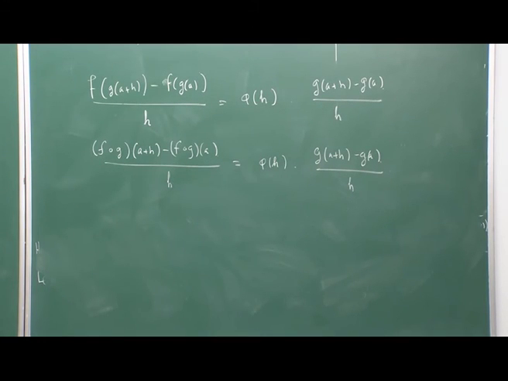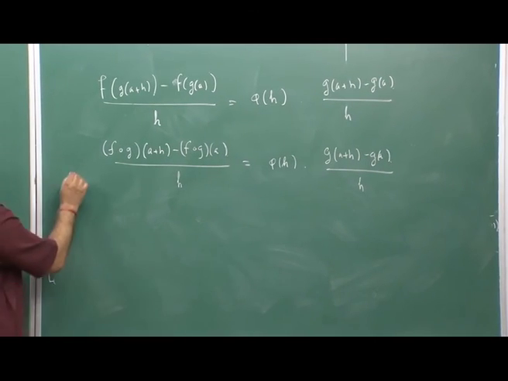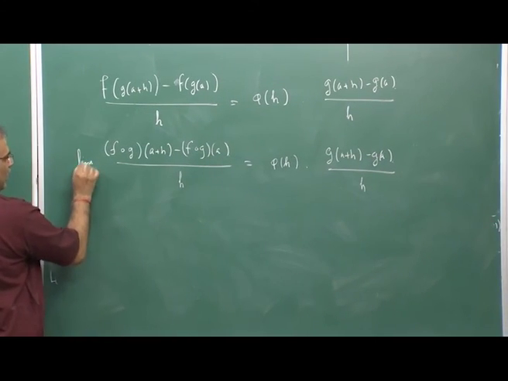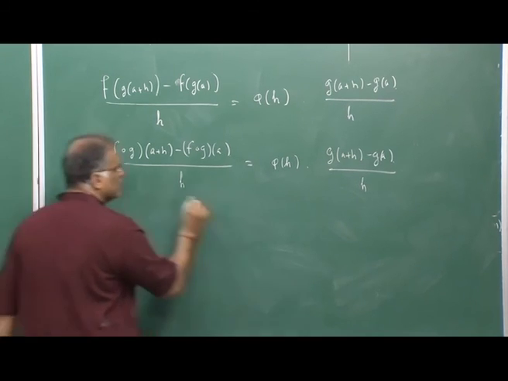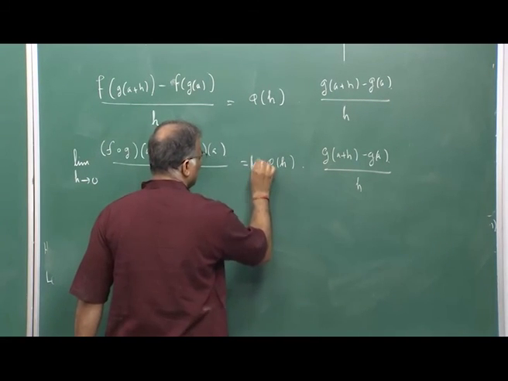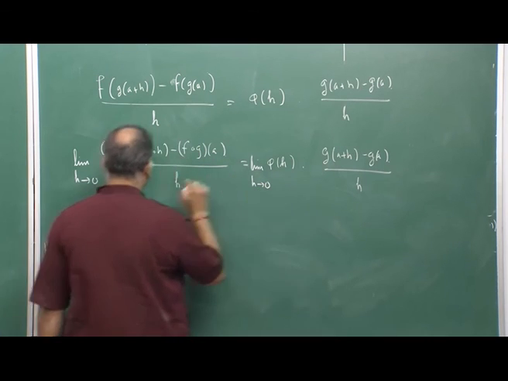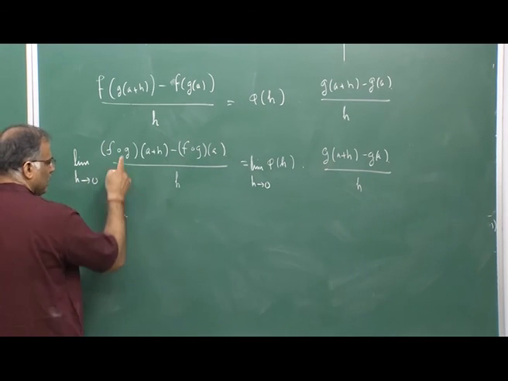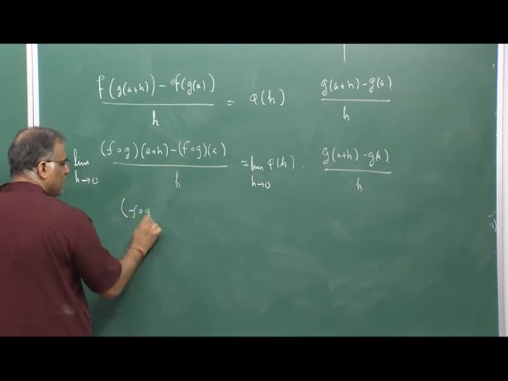Now, you see why this phi h tending to 0 was crucial. If I apply the limit as h tends to 0 on both sides, then by definition this is the derivative.